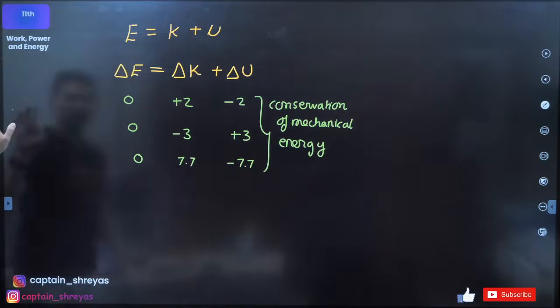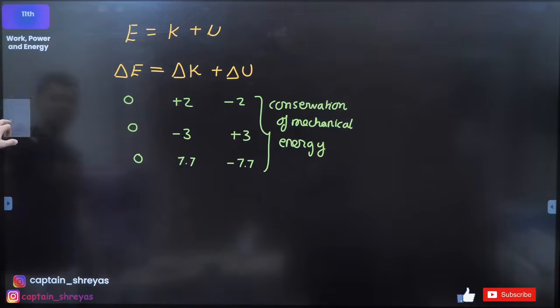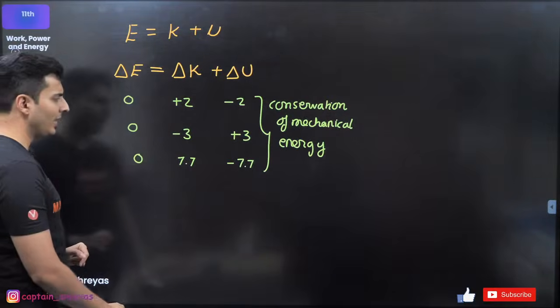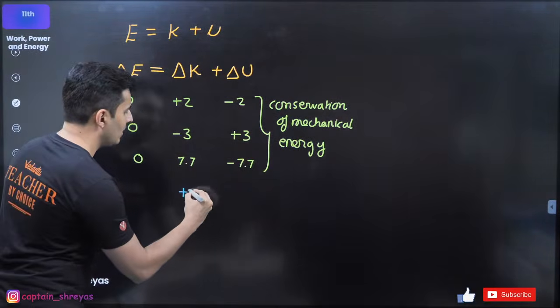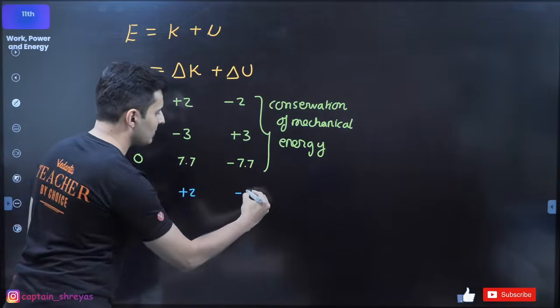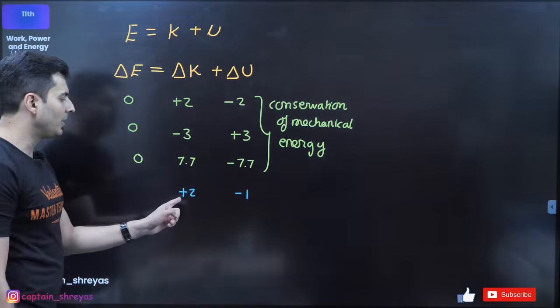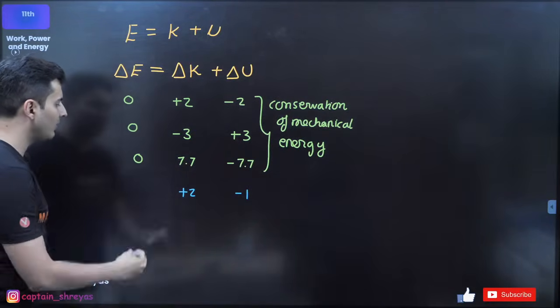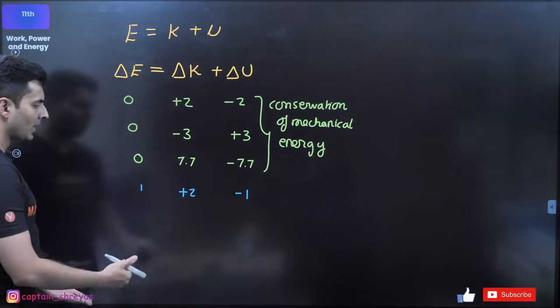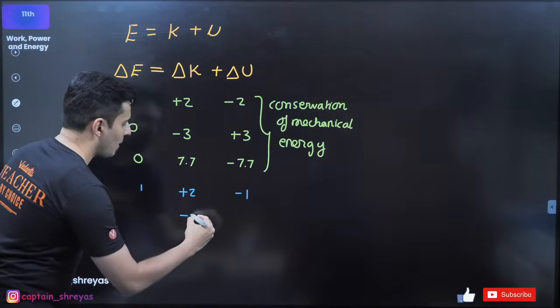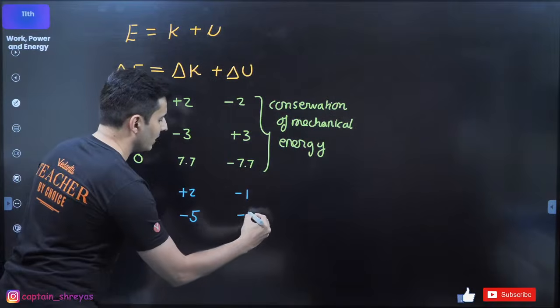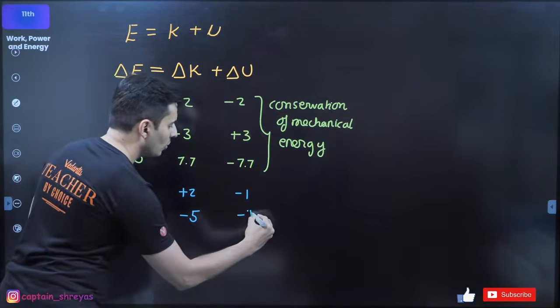Hold on for now. Imagine another situation where this changes by 2 joules and this decreases by 1. Oh, there is a problem. This increased by 2, this decreased by 1, so here there is a change of 1. Great. What if this decreased by maybe 5 and this also decreased by 2?